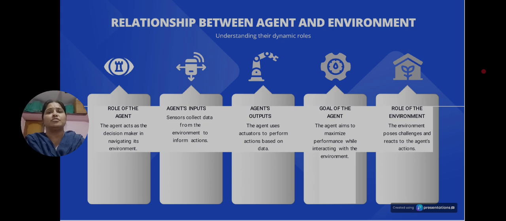When we speak about the output or goal, as I said before, the agent can act through output devices like actuators, and the data we collect in the environment changes based on the agent's actions.